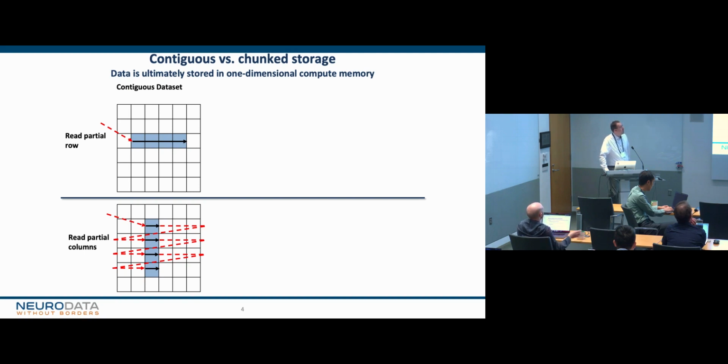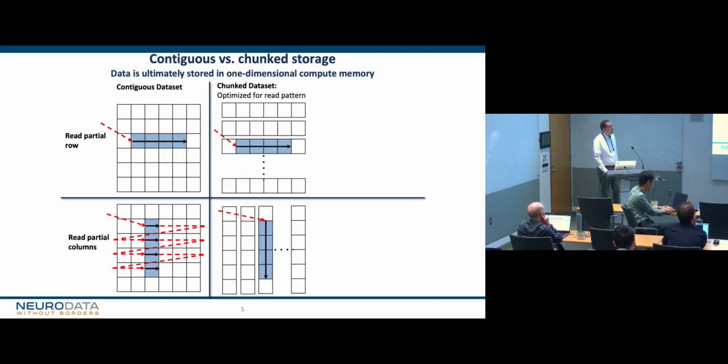And so with chunking, what you can do is you can break up that array into subblocks, right? And then they will be stored as individual blocks in the file. For you as an end user, the data array looks the same as before. When you go read from HDF5, it still looks to you like a two-dimensional array, and you request your data exactly the same way.